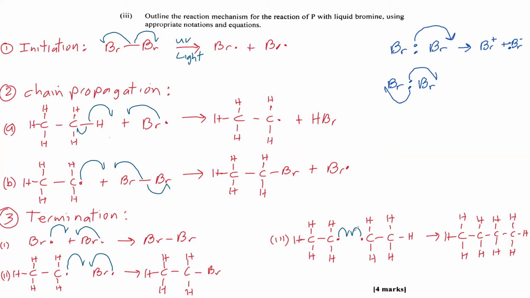You could join two alkyl groups that are free radicals. So these two free radicals would join together by forming a pair, and now we have a bond here. So that's how we removed our free radicals, preventing further reaction from taking place.